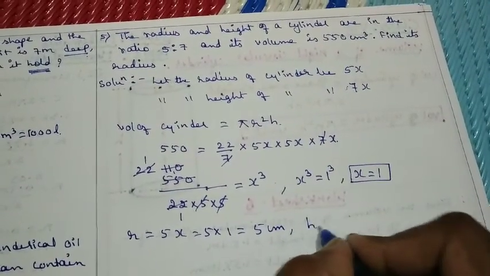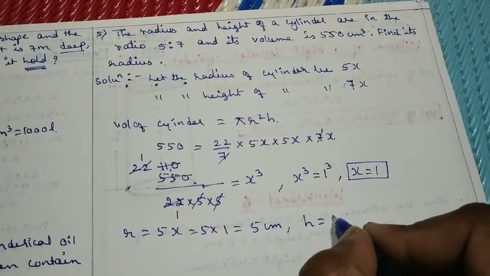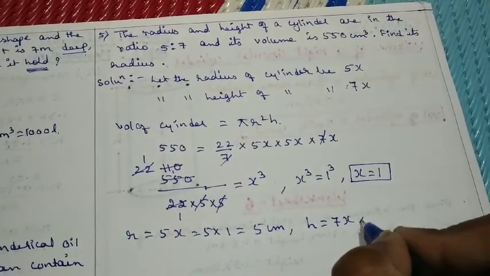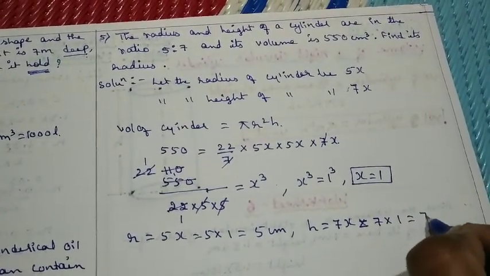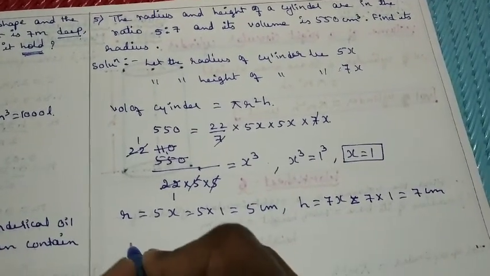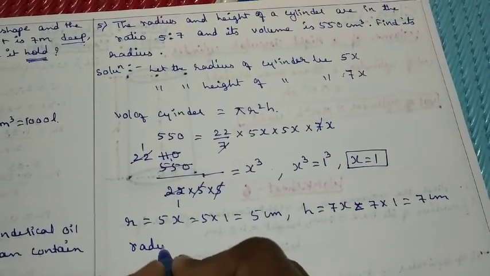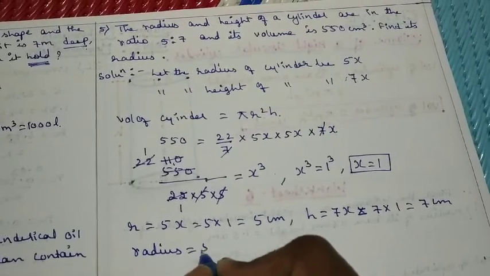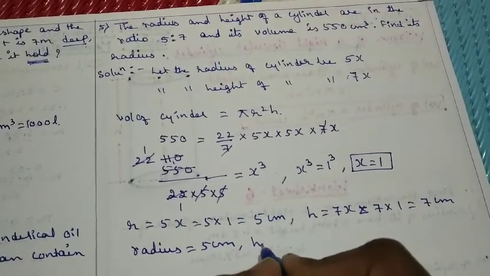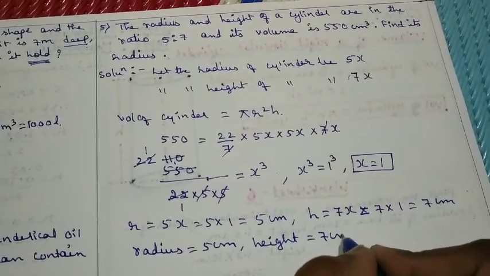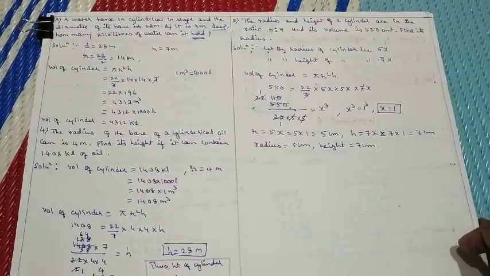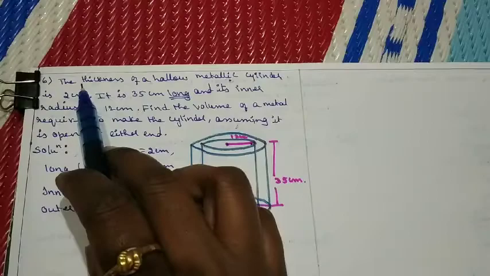Then height is 7x, that is 7 into 1 equals 7 centimeter. Thus radius equals 5 centimeter and the height equals 7 centimeter. Now let us move to the next question.